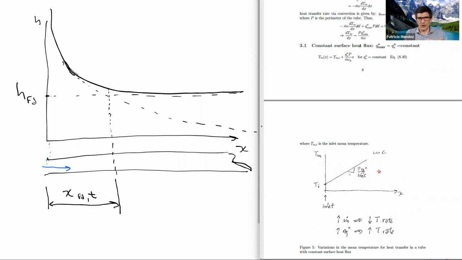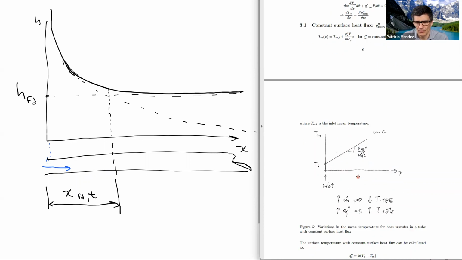If the water is flowing very fast, it's going to get less heat, right? It's going to have less increase of temperature, less heat per unit mass. And this is what comes out straight from this equation. Also, what this equation says is that if I increase the flux of heat into the pipe, of course, I'm going to increase temperature faster.